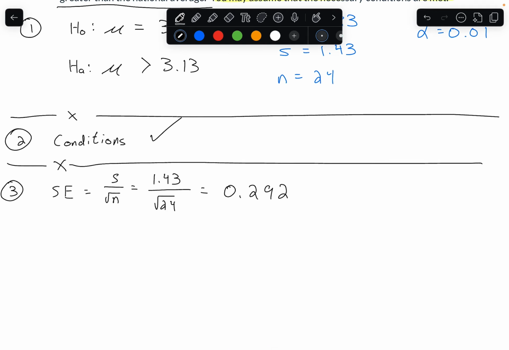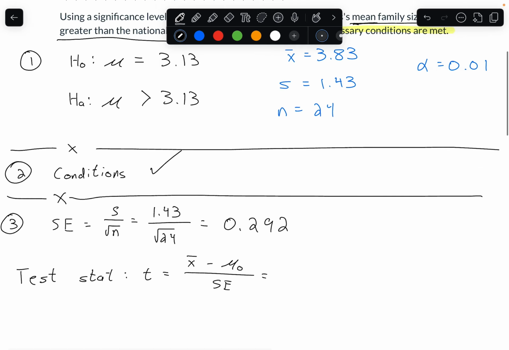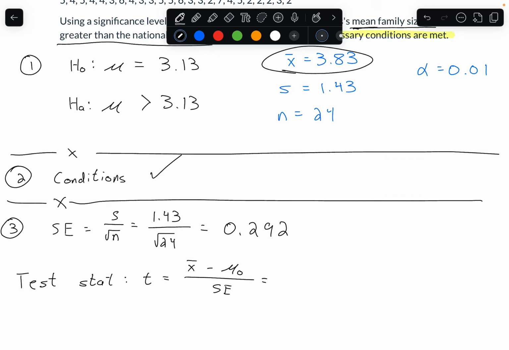Next thing I need to calculate is my test statistic. Remember we're using our t distribution. So t is equal to our sample mean, x bar, minus mu naught, divided by our standard error. X bar, the sample mean, we calculated earlier as 3.83. Mu naught is the number coming from our null and alternative hypothesis, which in this problem is 3.13.